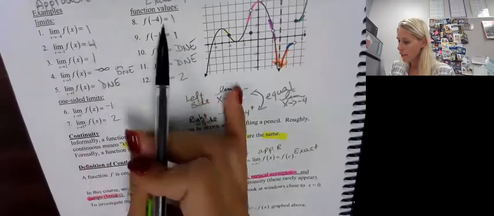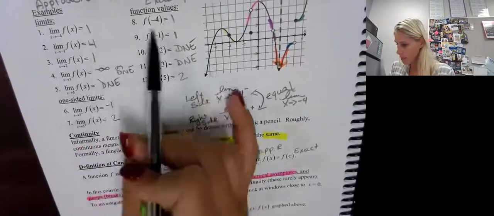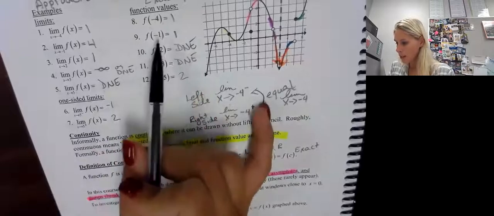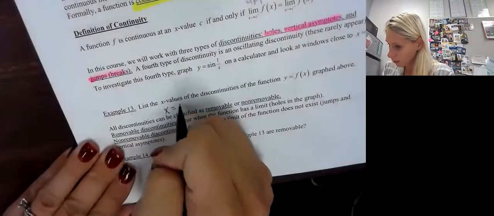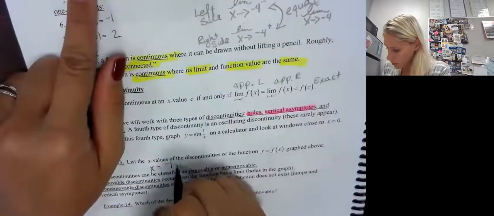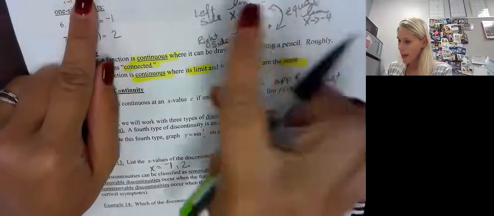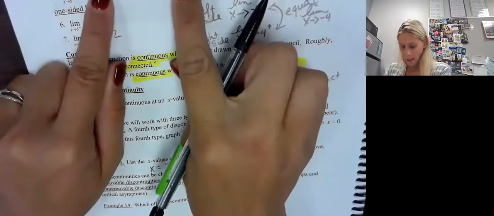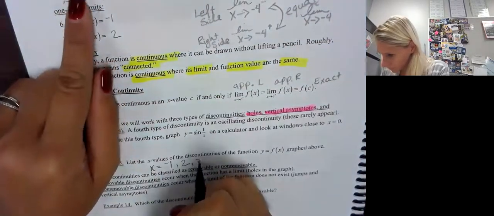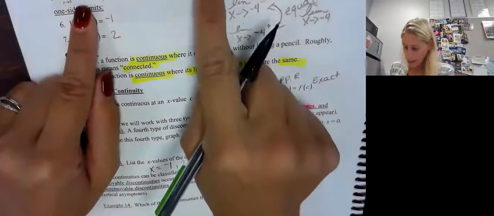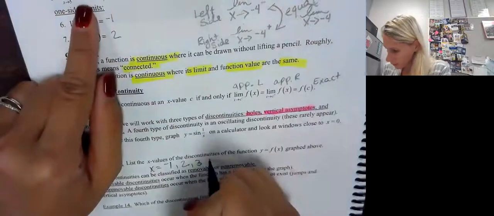Here we have a continuous one, but at -1 these are different, so we have a discontinuity at -1. We have a discontinuity at 2, at 3, and at 5.